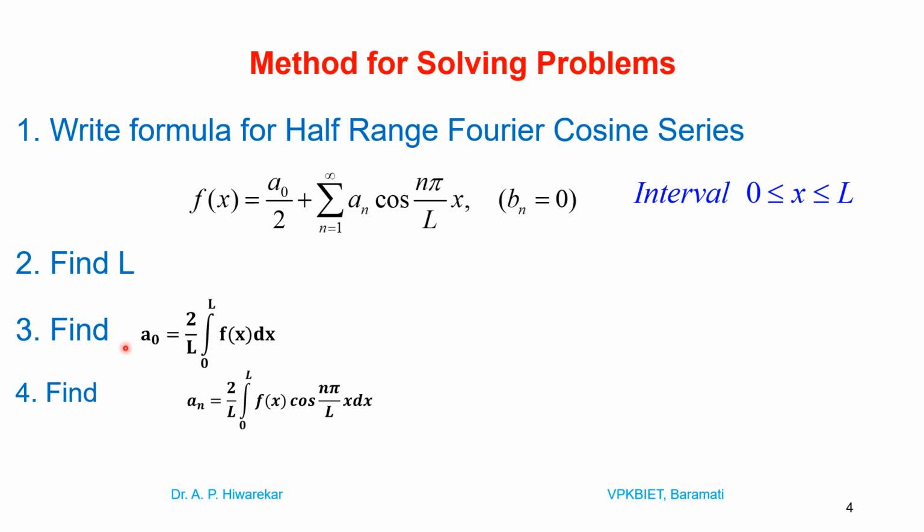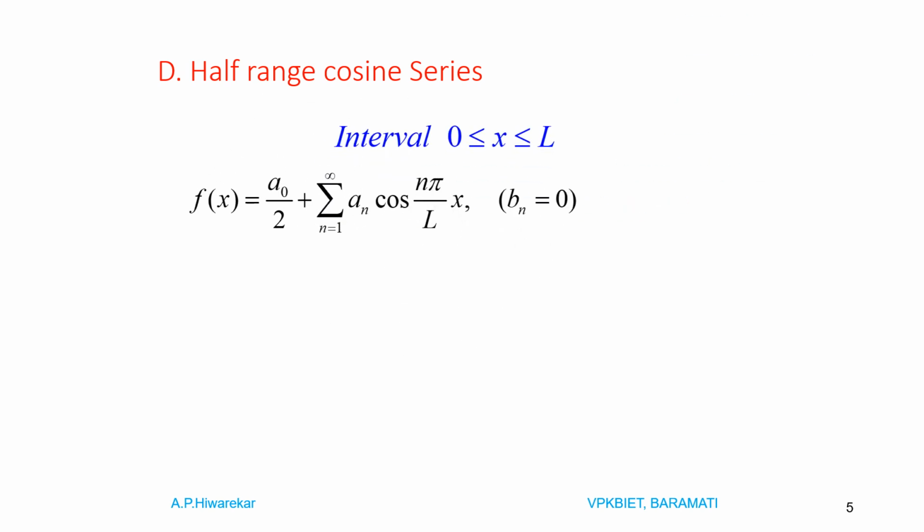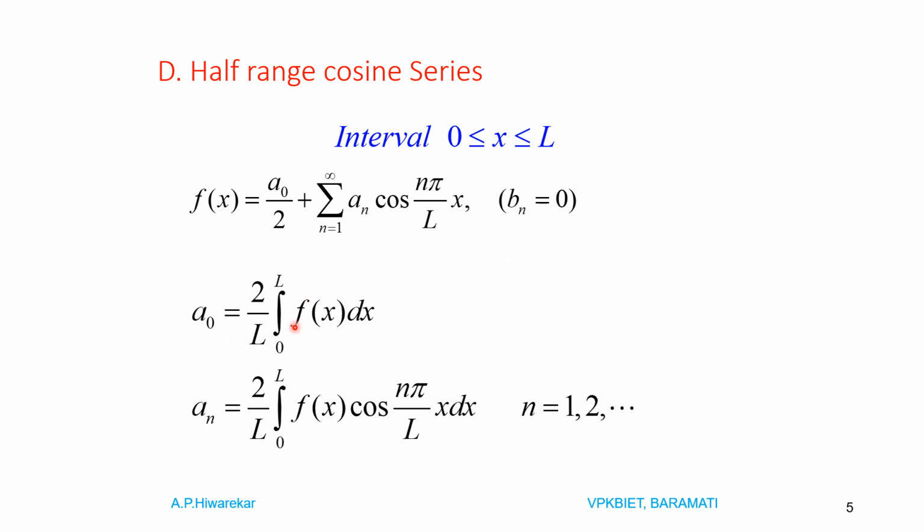Once we have the components a0 and a_n, we substitute those components here, and from that we get the final Fourier series of the function f(x). So for half range Fourier cosine series, we have seen all these formulas: the formula for f(x), the formula for a0, and the formula for a_n.